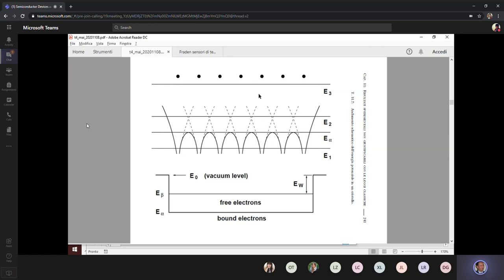And since all these potential energies are negative, they will add up and form this periodic structure. Okay, so this periodic structure is formed by the superposition of the potential energy of each individual atom. Of course, it is a periodical set of barriers.